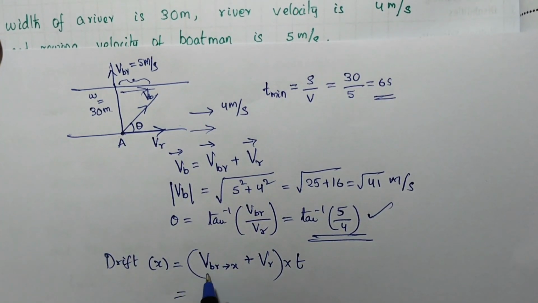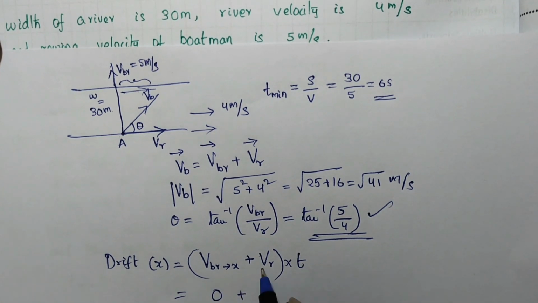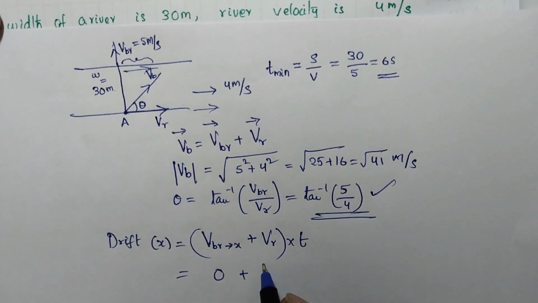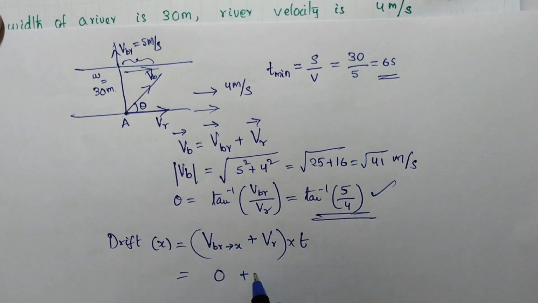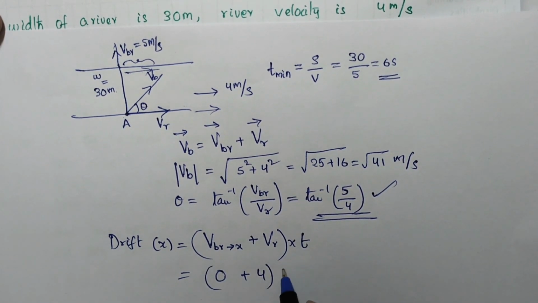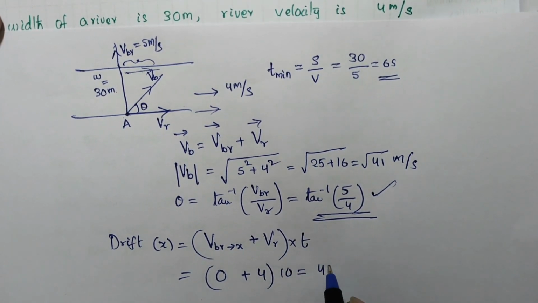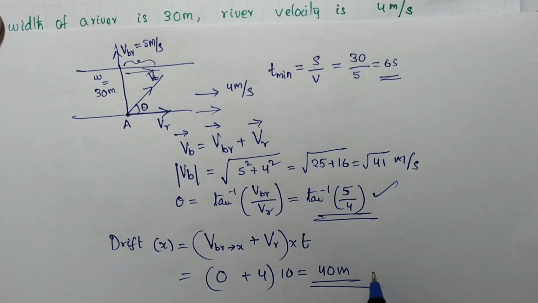So here in the x-axis direction VBR is 0 and VR is 4, and the time is 6.